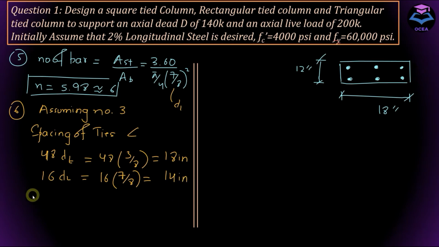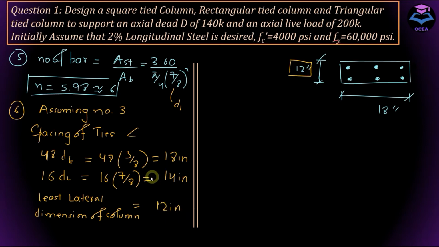And the last condition is the least lateral dimension of the column. These are the lateral dimensions, 12 inches and 18 inches, and the least of these dimensions is 12 inches. And since we have to take the lowest value among these values, this one governs. So the spacing of ties is equal to 12 inches.